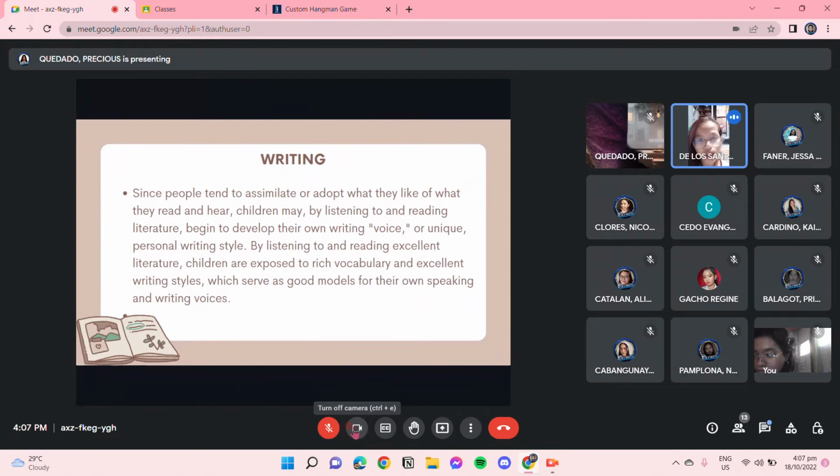So, since people tend to assimilate or adapt what they like of what they read and hear, children may, by listening to and reading literature, begin to develop their own writing voice or unique personal writing style. And by listening to and reading excellent literature, children are exposed to rich vocabulary and excellent writing styles, which serve as good models for their own speaking and writing voices.